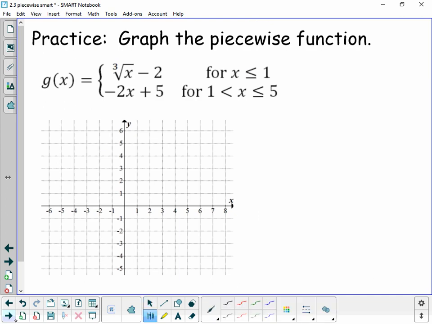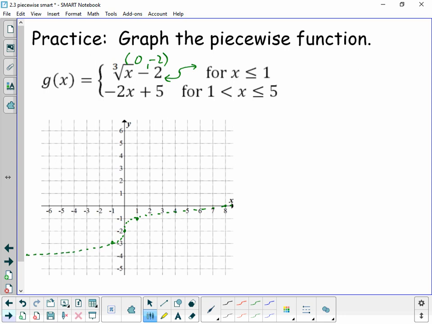Let's try one more. This one just has two parts. The first part is a cube root shape. That would be this. This particular cube root starts at the point (0, -2), so down here. It's a 1, 7 pattern for cube roots. I'm just going to dot it at first until I decide which part to keep.